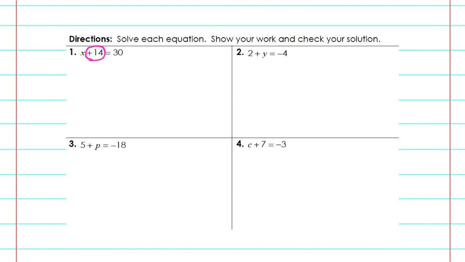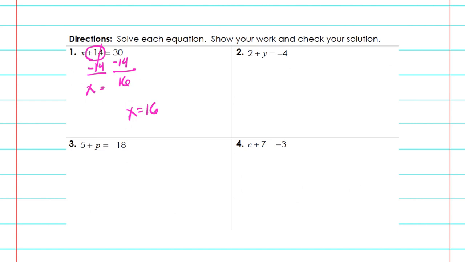The opposite of addition is subtraction. So if I minus 14 from this side, I also have to minus 14 from this side. Positive 14 minus 14 will be 0. Bring my x down. X equals 30 minus 14, which gives me 16. X equals 16 is the solution I came up with.